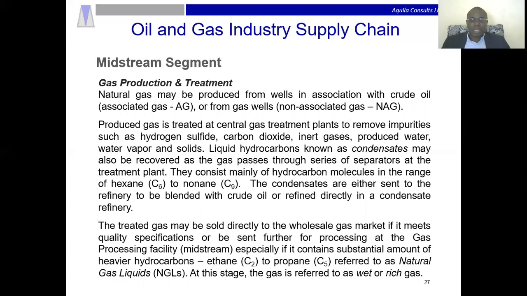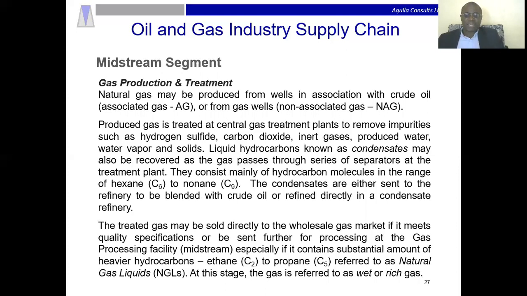These condensates are normally higher molecular weight hydrocarbons within the range of hexane, C6, to nonane, C9. You can either send this condensate to the refinery to be blended with crude oil, send it directly to petrochemical plants, or refine it in a condensate refinery.